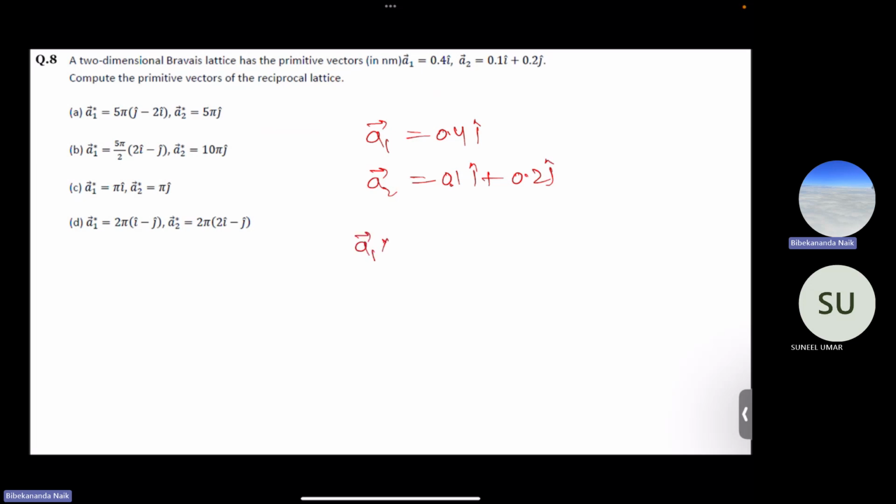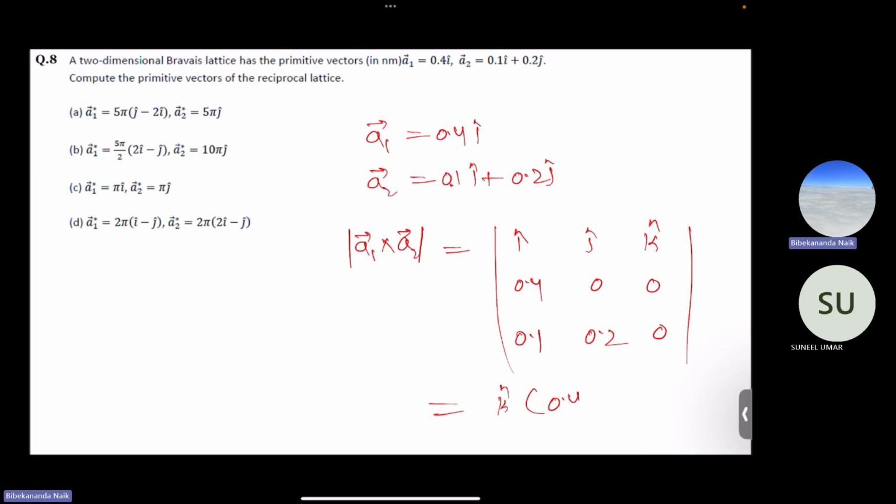So A1 cross A2, with the determinant of I cap, J cap, K cap; 0.4, 0, 0; 0.1, 0.2, 0: it will be I cap into 0, J cap into 0, and K cap into 0.4 into 0.2, which is 0.08 K cap.